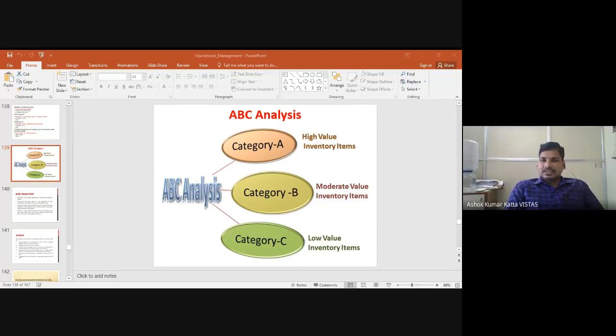So what is the quality of material? What is the company policy? The company policy may be that they are ready to manufacture only qualitative products, and then they will be using the A category of the material. Certain companies are not exactly after qualitative ones.